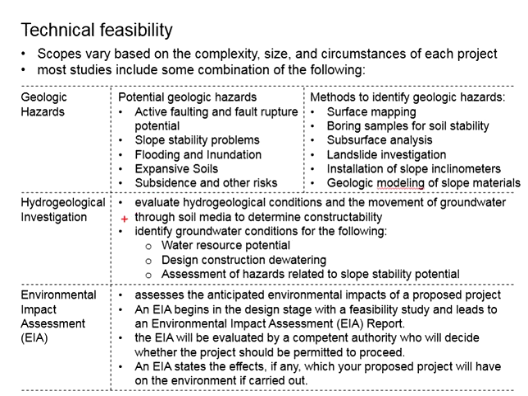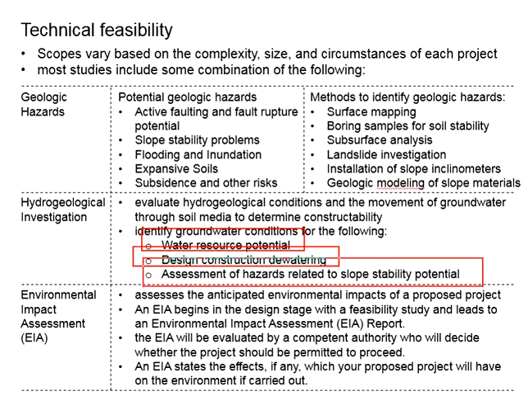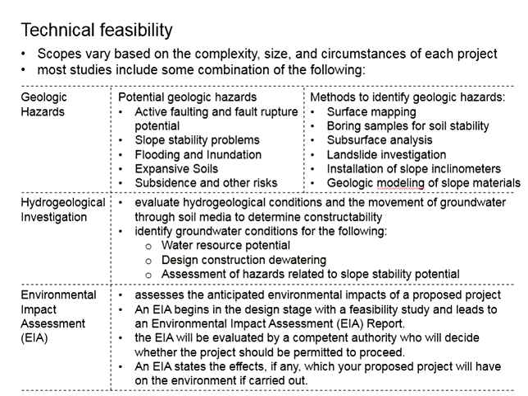You need to identify the groundwater conditions for the following, such as the water resource potentials, design of construction dewatering, and assessment of hazard related to the slope stability potential. Sometimes construction work can disturb the groundwater, leading to instability of the slope, especially when it comes to dewatering.